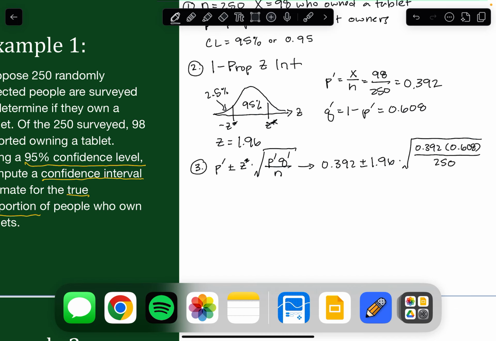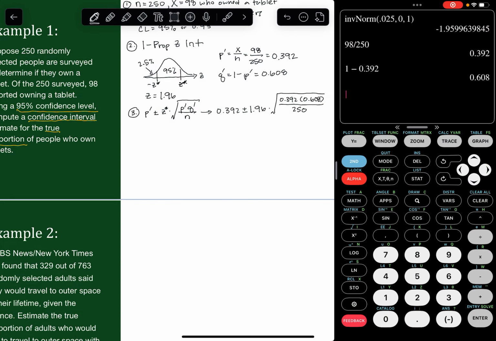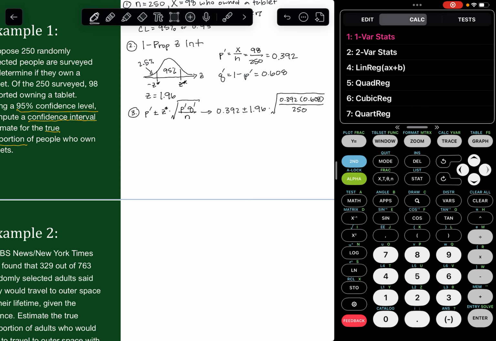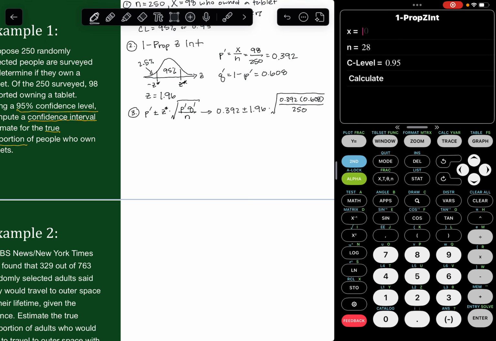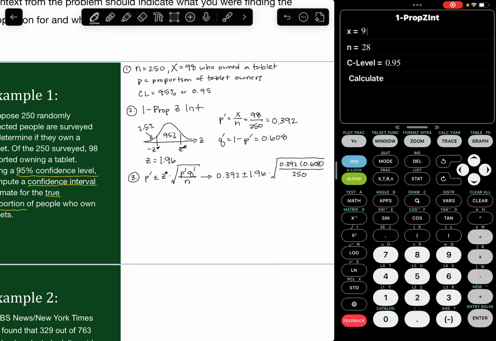This is another thing we could do by hand, or we go one prop z int on our calculator. So we're going to go stat, tests, we want to go all the way down to A, one prop z int. So the number of successes, x, was 98.